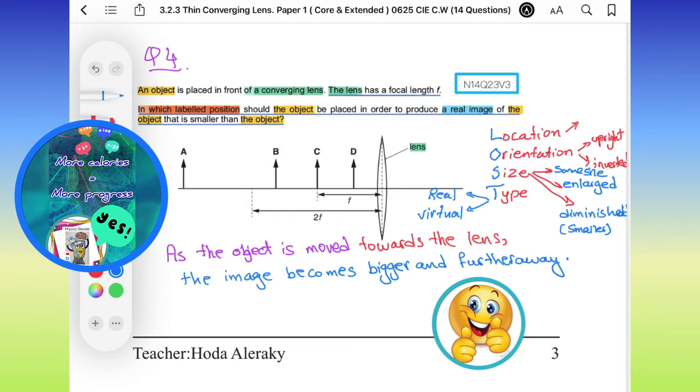Okay guys, back to our question. In which labeled position should the object be placed in order to produce a real image of the object which is smaller?